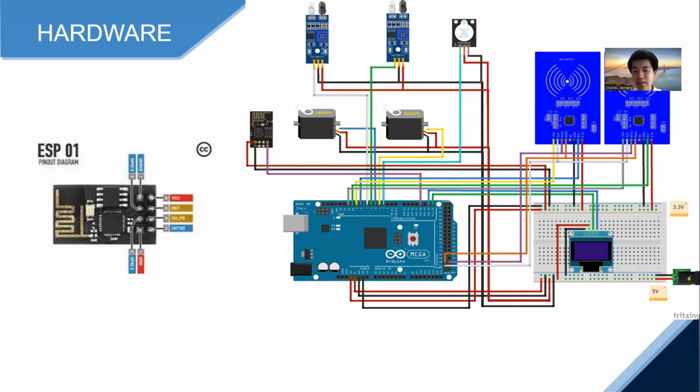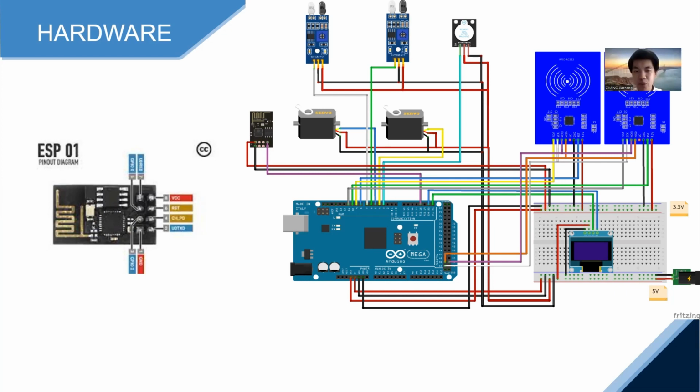You might notice that there is an external 5-volt source, because we need that source to stably drive the servo motor. And here we also have the 3.3 volt power supplied by the Arduino board.